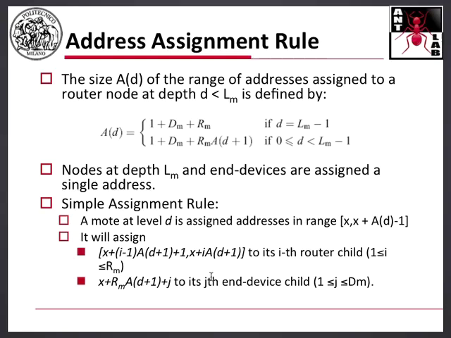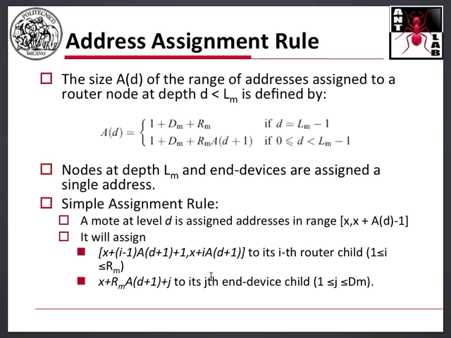So this stuff here tells you, you tell me what is the layer a ZigBee router is in, and I tell you what is the block of addresses which you have to assign to this guy, such that it can address itself and all the sub-branch of the tree.